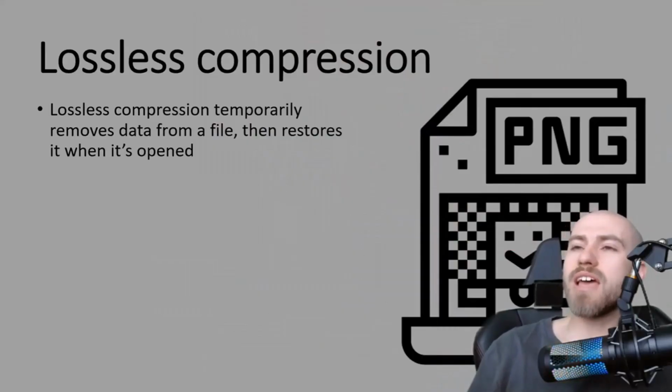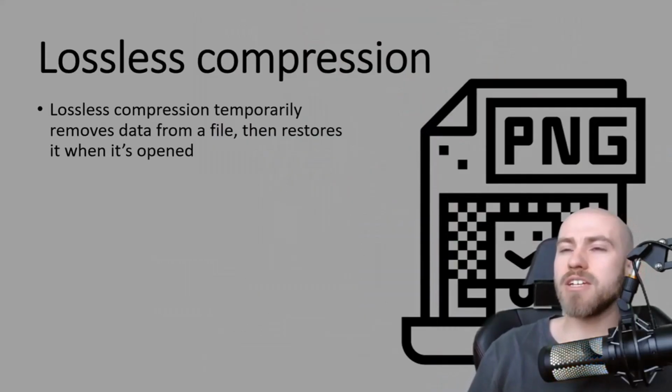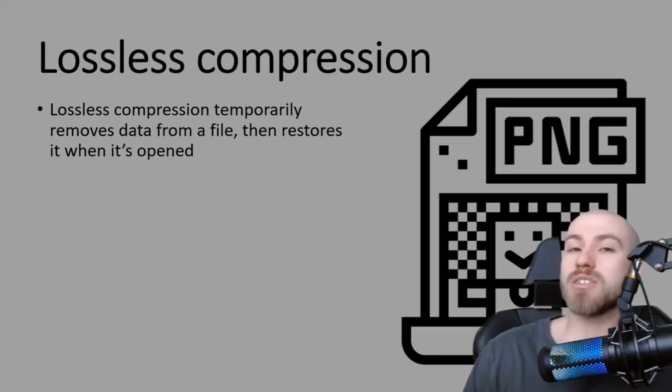Now the way it does this is by remembering the information from the file in a different way. It will follow an algorithm so it knows what information is stored about that file. If we were talking about an image file such as a PNG, that's an example of lossless compression.